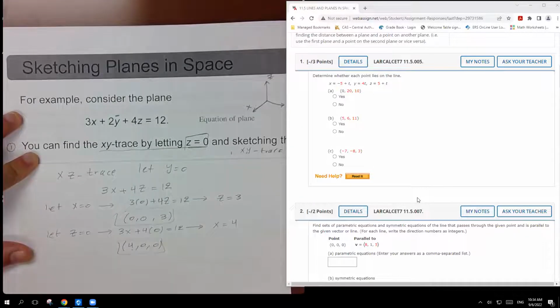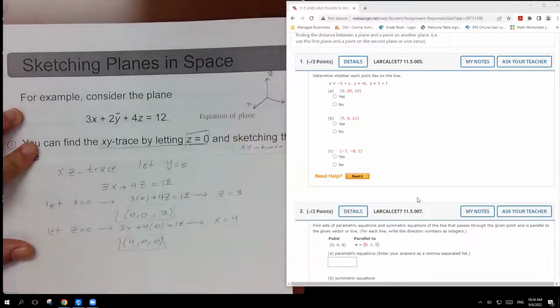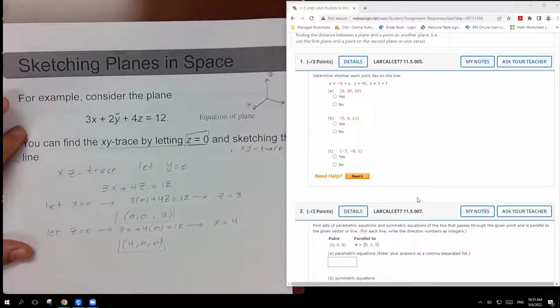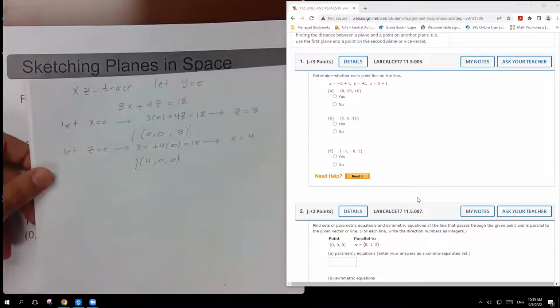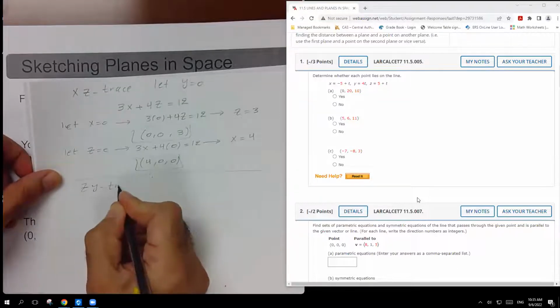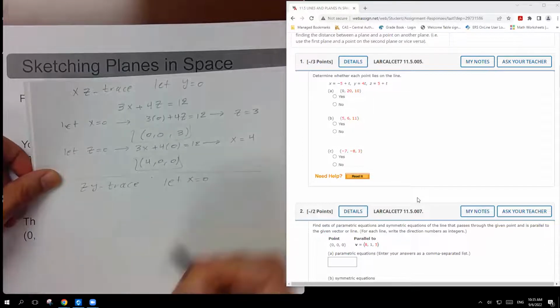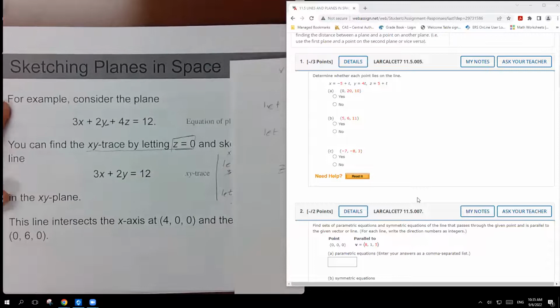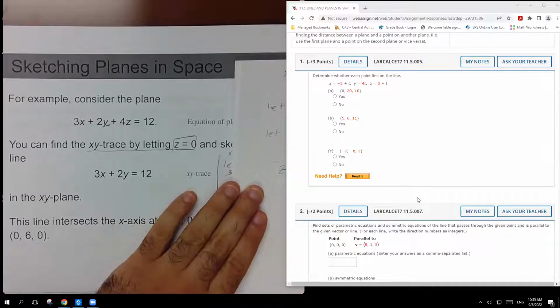We need to go ahead and work on the third trace, which is the ZY trace. On the ZY trace, you're going to do exactly the same steps. Let's do it. So the ZY trace: we're going to let x equal 0. So x equals 0, that means I'm just going to write down the equation: 2y plus 4z equals 12.